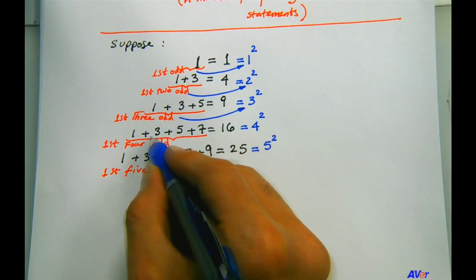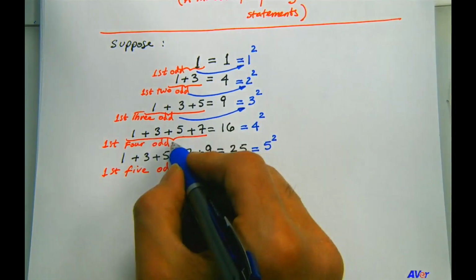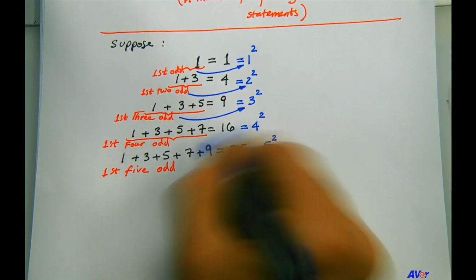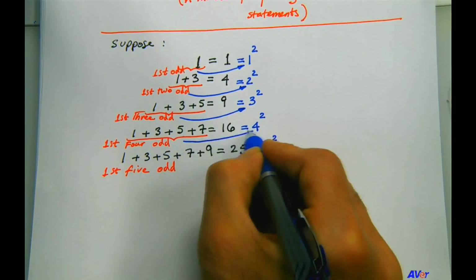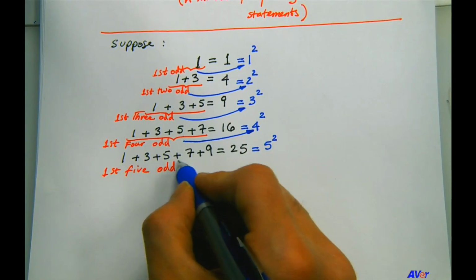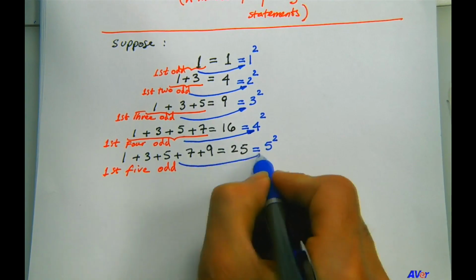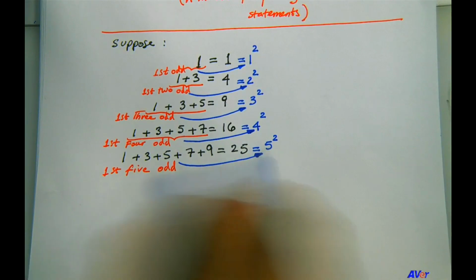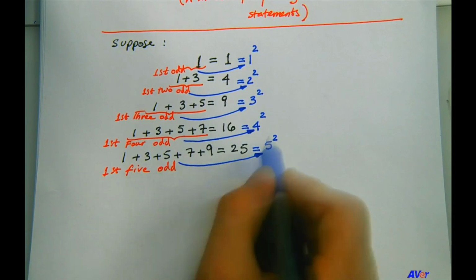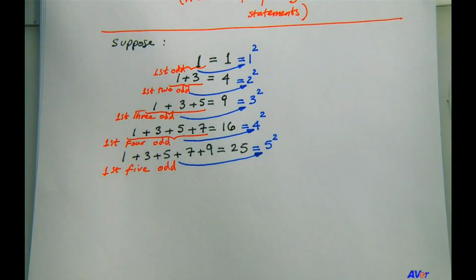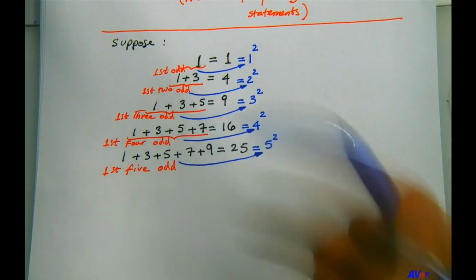And with this one, the first four odd numbers, if you add them, they're equal to 4 squared. Very interesting, isn't it? Okay, and also for the first 5 odd numbers, they add up to another perfect square number, which is, by the way, the number of odd numbers added, squared, for all of these. That's very interesting. So with these few examples, we've shown that this is true.